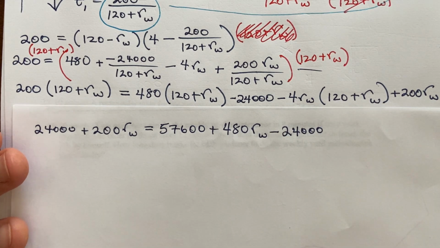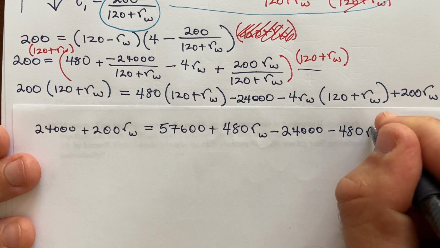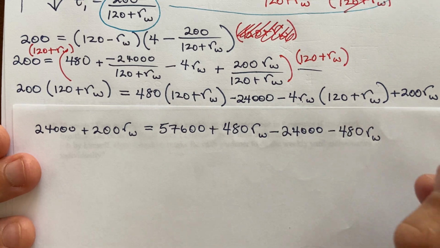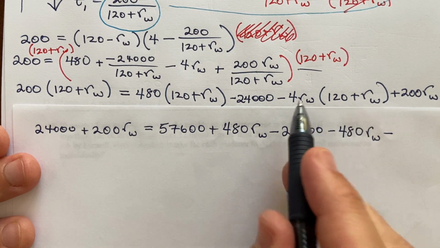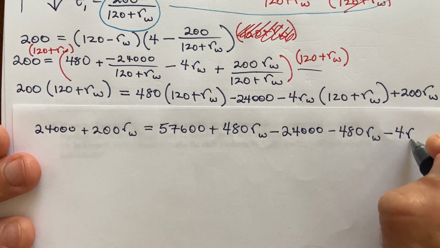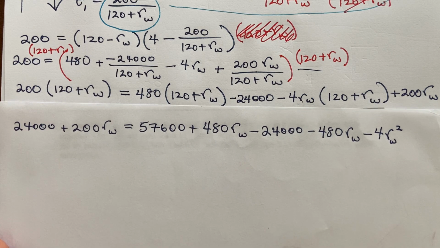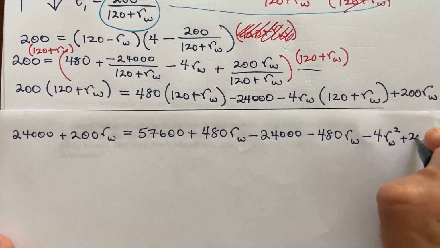And then I have negative 480 R sub W, distributing this in. And I need to distribute here too: minus 4 R sub W squared. And I still have this plus 200 R sub W.